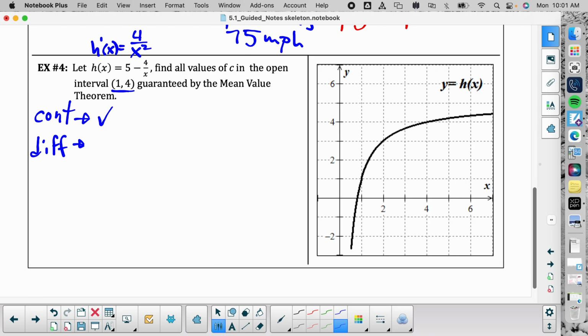But that's okay because we only care from 1 to 4. So it is continuous and differentiable. For mean value theorem, those are the only 2 things we check. So at this stage, now we immediately go to the mean value theorem formula, which is the average slope is equal to the instant slope, and we're looking for that location.